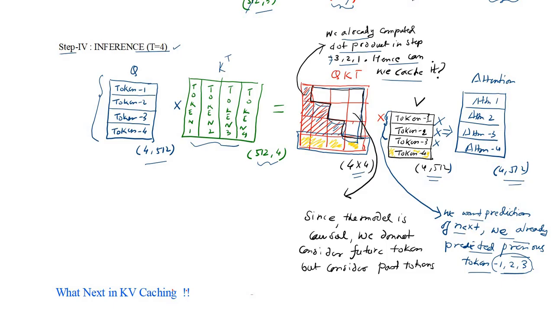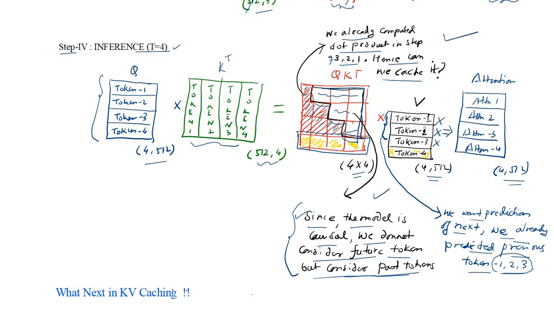Since the model is causal, we need not consider the future tokens, but consider the past tokens. So this part and this part are actually the future tokens. In that case, the past or historical tokens are sufficient, which we already cached.